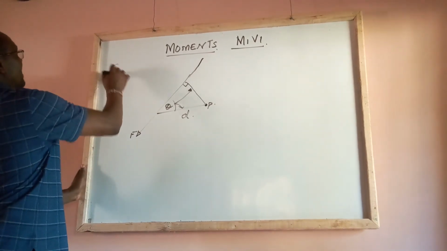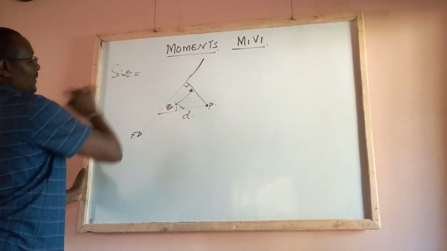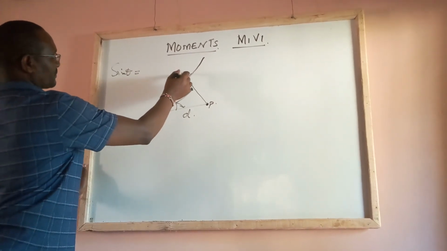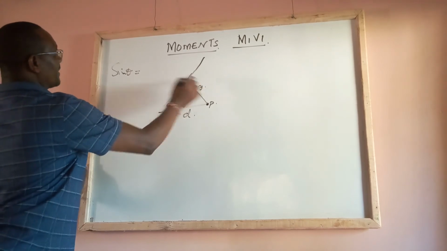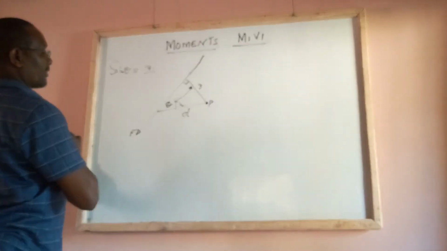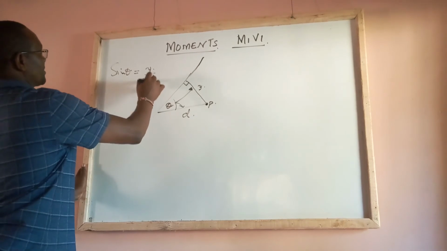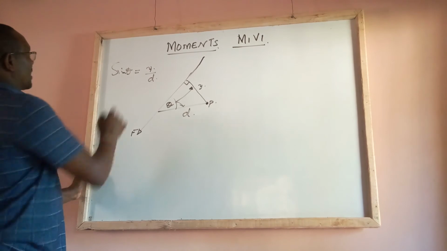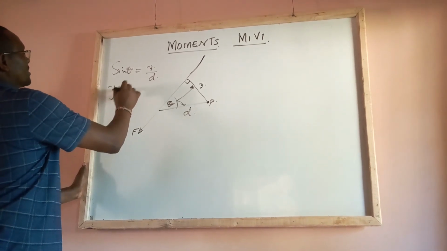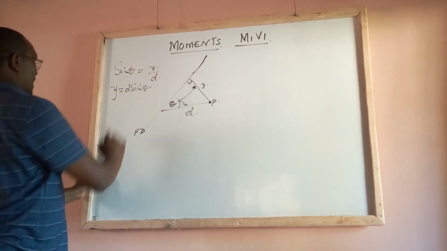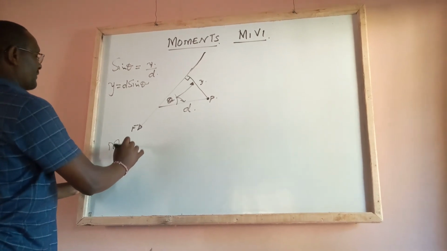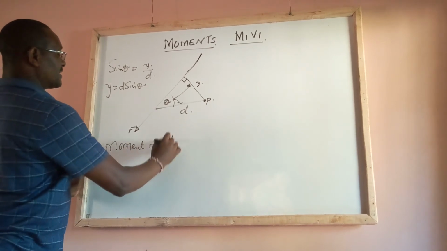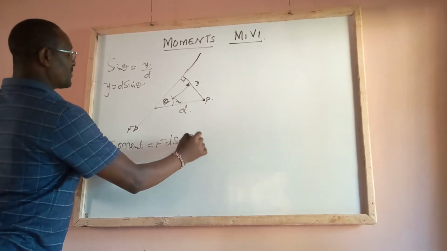So we can start by saying sine theta is given by opposite, y, all over the hypotenuse, which is D. But we are looking for y. We need to make y the subject of the formula, which is y equals D sine theta. So now that we have the perpendicular distance, the moment is given by F D sine theta.